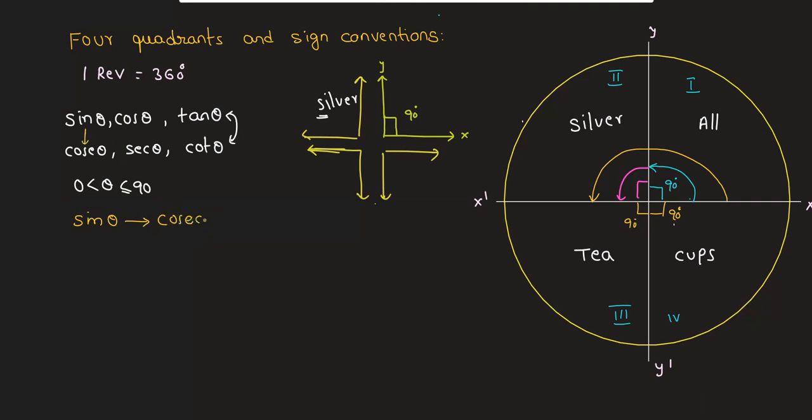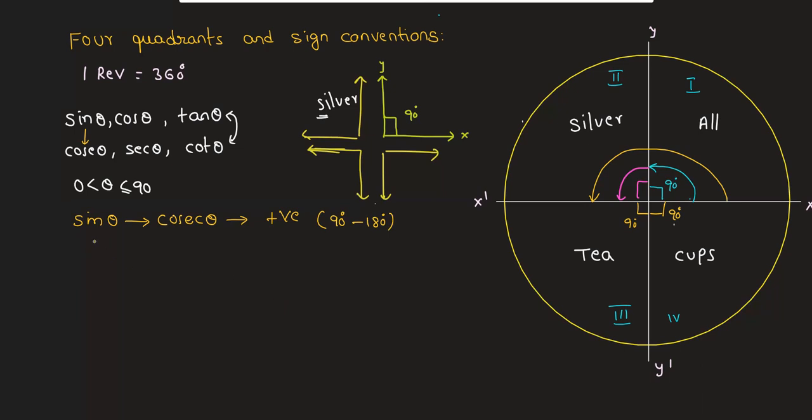These two can be positive. The remaining will be negative. What is the angle here? It is between 90 and 180.